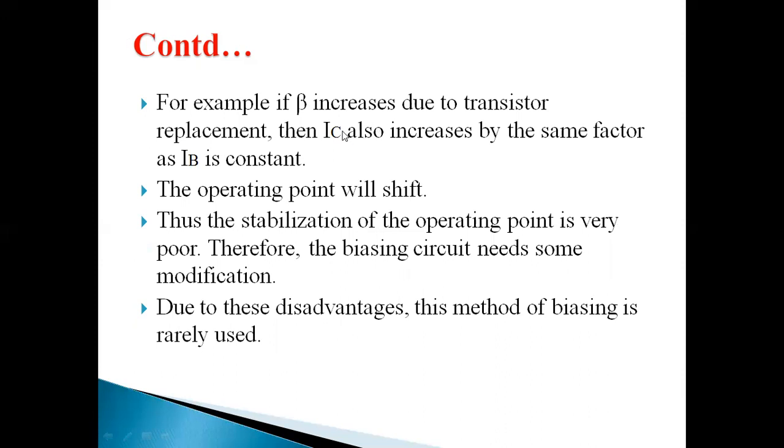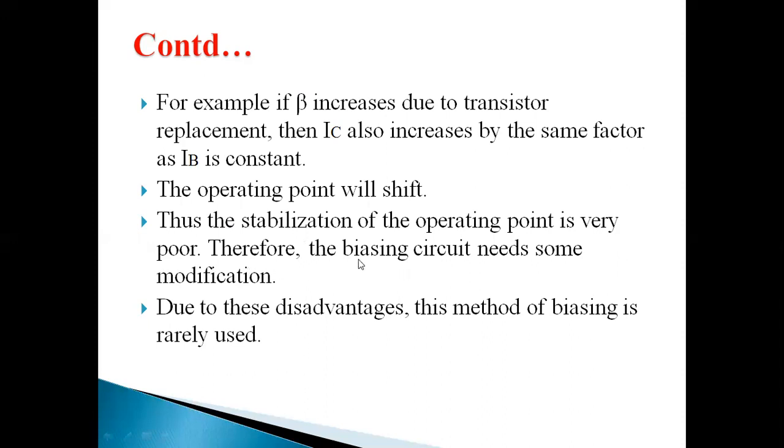The collector current is going to change when the transistor is replaced by another one of the same type, where the beta is going to change. Whenever beta changes, IC also changes. The operating point will shift. So the stabilization of the operating point is very poor.